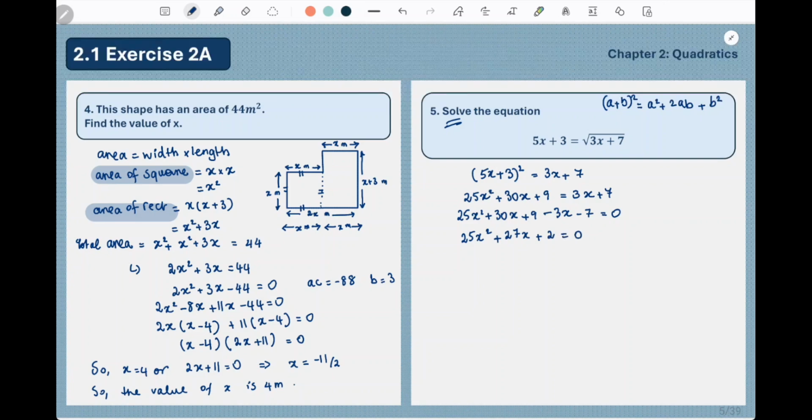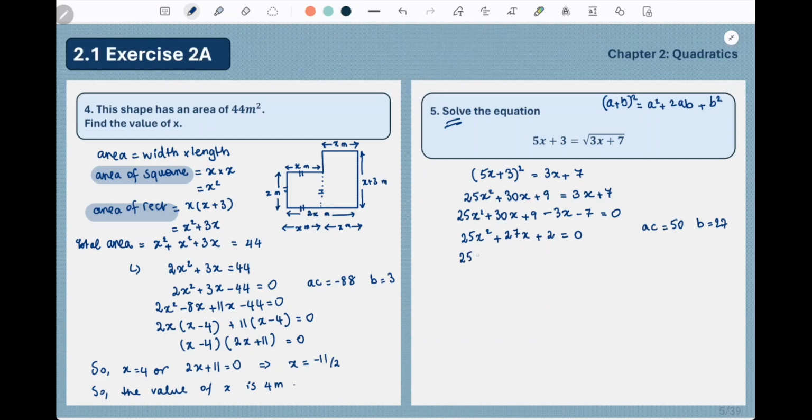So we need to think of two numbers that when you multiply them together give you 50. Why 50? Because a is equal to 25 and c is equal to 2, and b is equal to 27. So when you multiply them together it gives you 50, and when you add them together it gives you 27. Indeed, we have two numbers, 2 and 25, because 2 times 25 is 50, and when you add them it is 27.